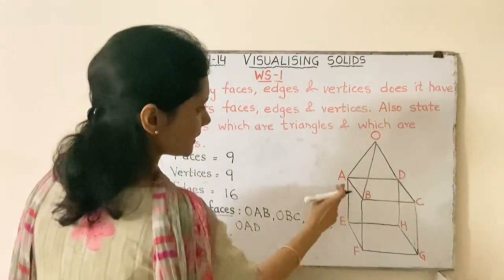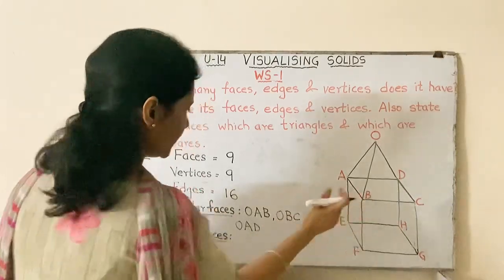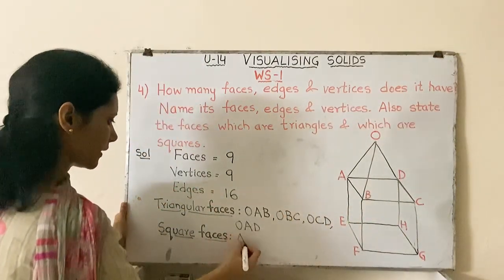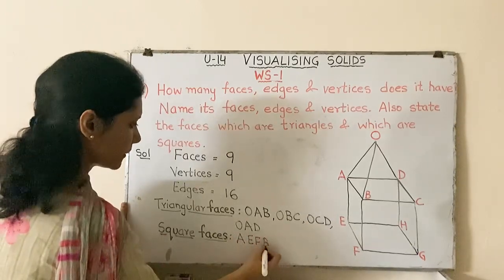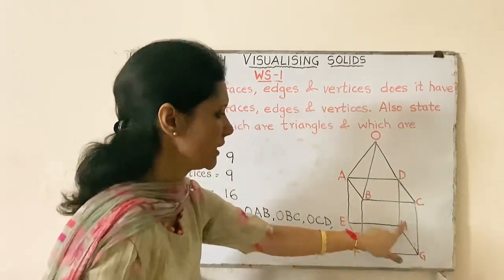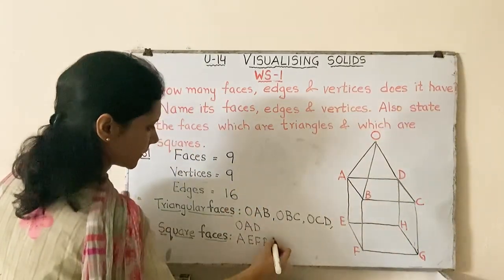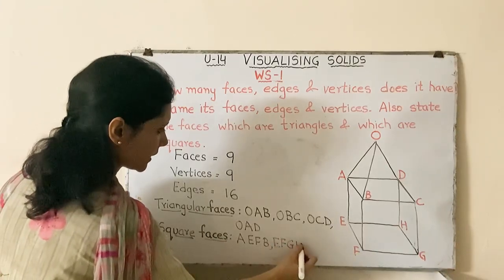Now we have to name the square faces. So the square faces are, let's start from the side face, AEFB. Then the bottom face, EFGH.